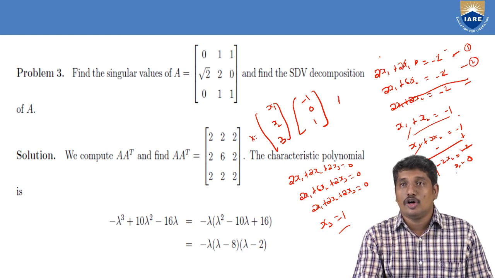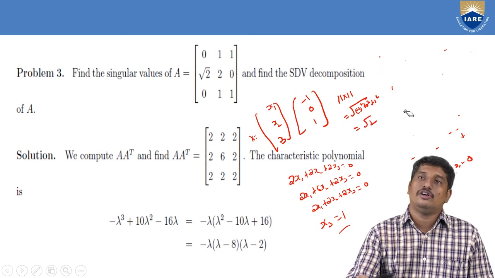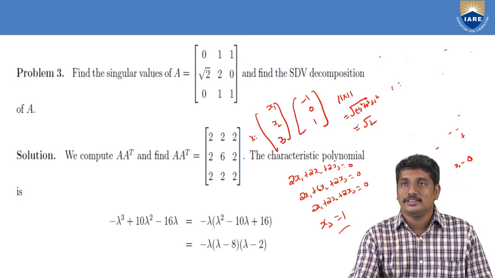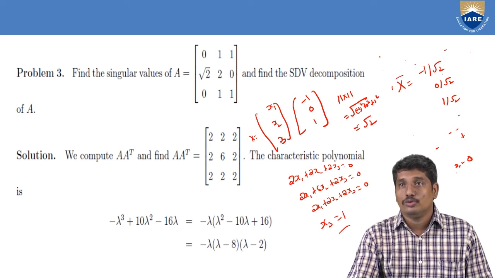Now let us take the norm of x. Norm x means the root of minus 1 whole square plus 0 square plus 1 square, that is root 2. So we got norm x as root 2. Let us construct x bar as minus 1 by root 2, 0 by root 2, and 1 by root 2.